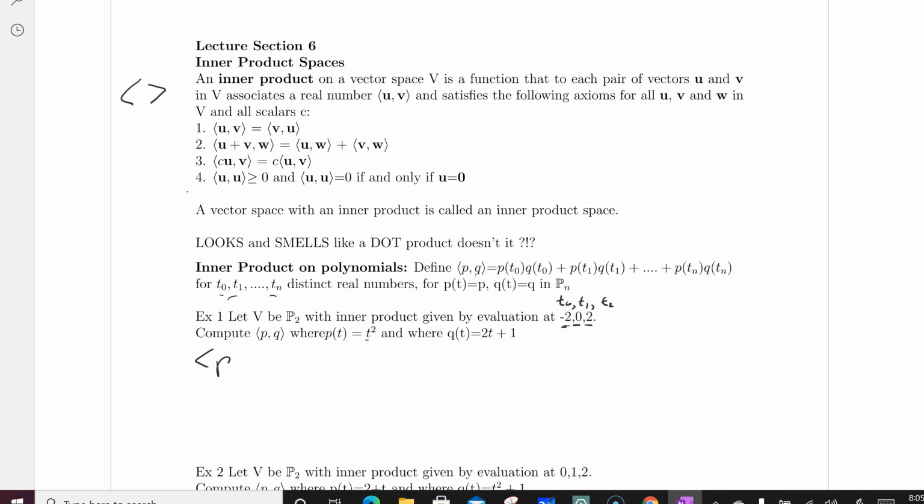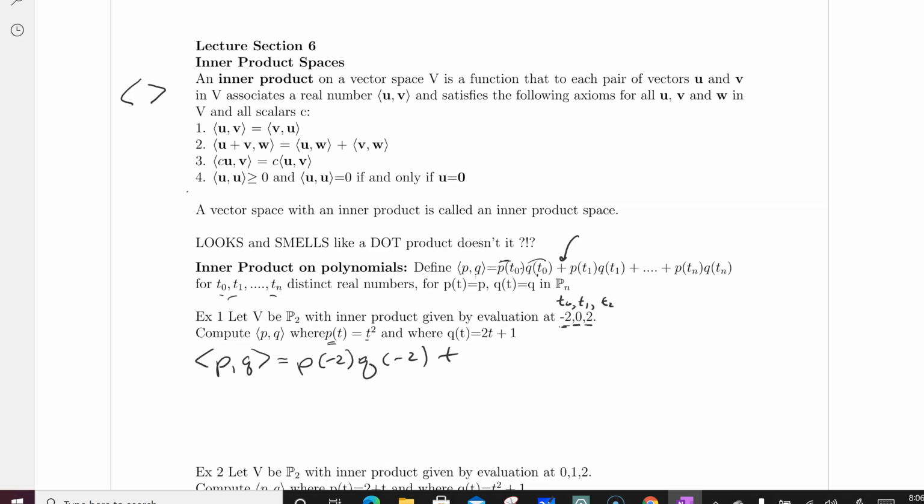So let me just write it out here. The inner product of P and Q will be this polynomial P at the first T value, multiplied times the second polynomial Q at that same initial T value. Plus, we move on to the next term.